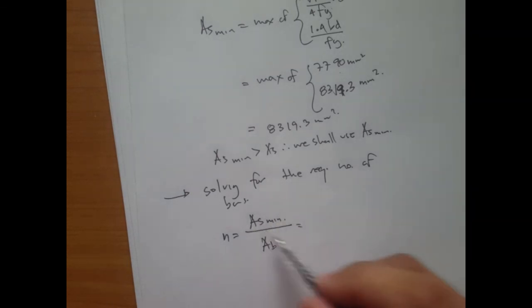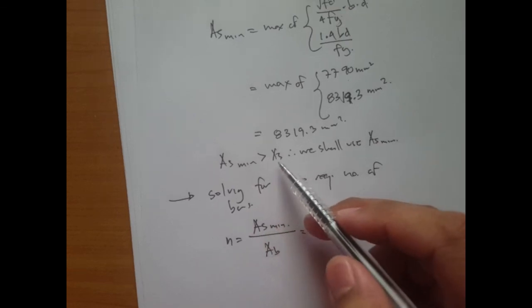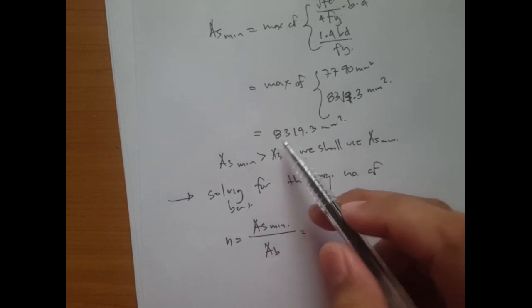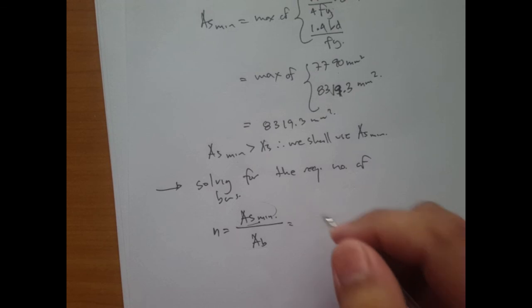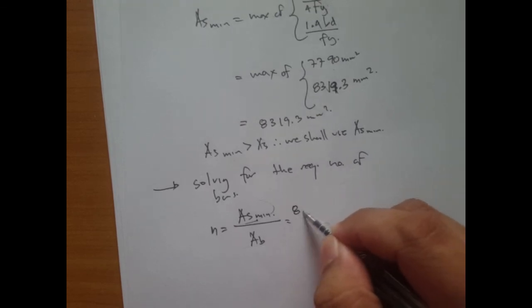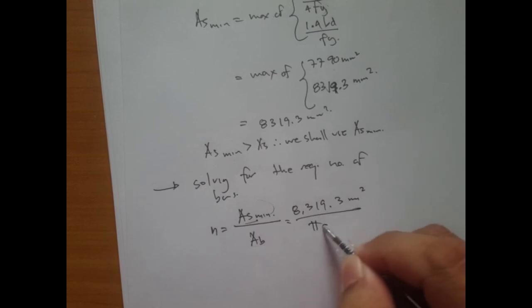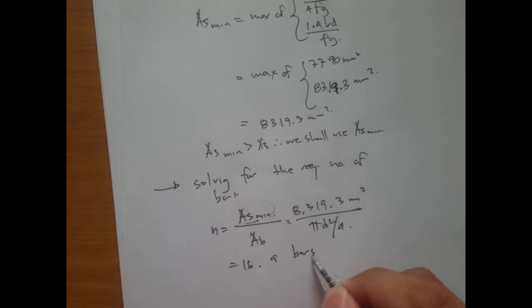It just so happened that this AS min is greater than the calculated steel area, so that is why we'll use it here. If we substitute, we get the value of 16.9 bars.